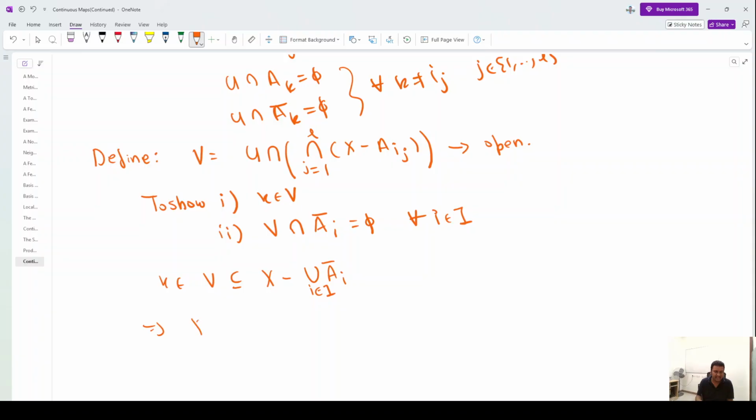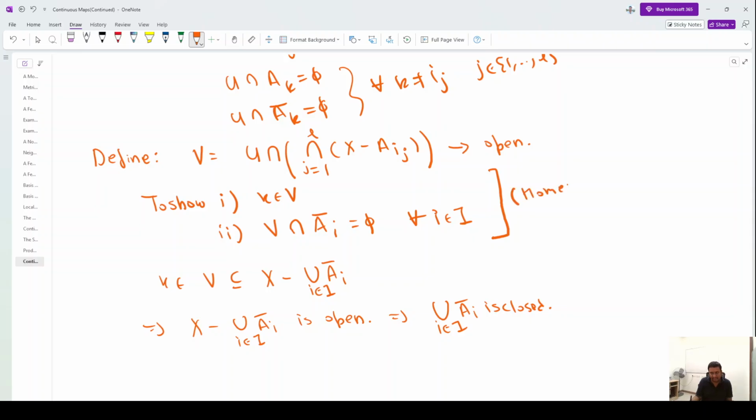What you will get is that X minus the union of AI closure can be expressed as a union of such V's containing X. So basically this is open. So this implies the union over I in I of AI closure is closed. So that's all. So you show these things, huh?